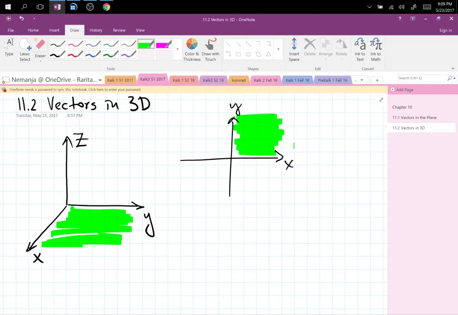The ceiling is also an XY plane, but it's not at 0 for Z; it is 10 feet higher. This surface over here is the XY plane, this surface is the YZ plane, and this surface is the XZ plane.